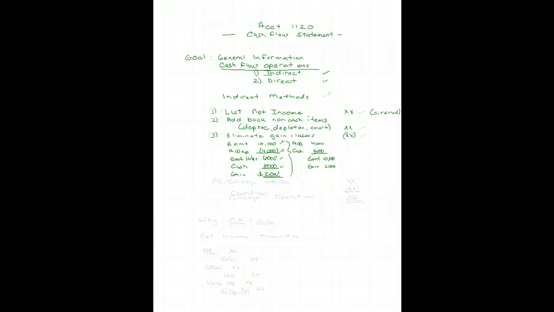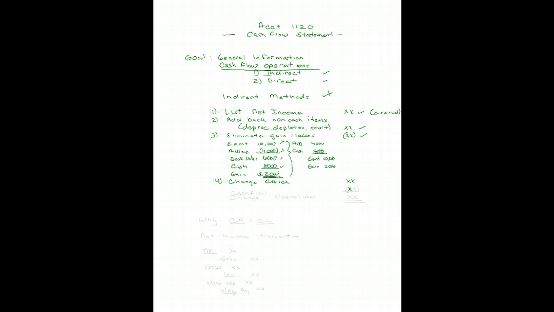So we're going to learn how to do cash flow from operations on the indirect method, and that has this: list net income, add back non-cash items, subtract any gains or add back any losses because they're in the wrong section, and then the last thing we do is pick up the change in any current asset and current liability accounts.